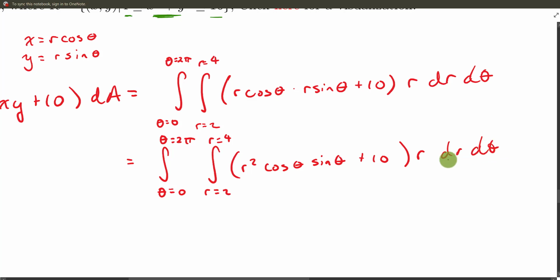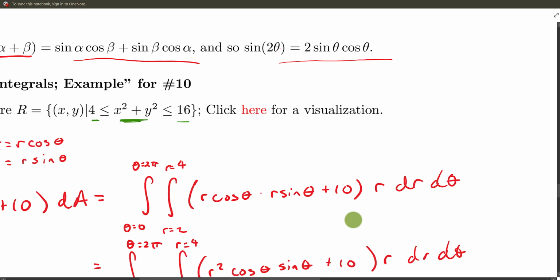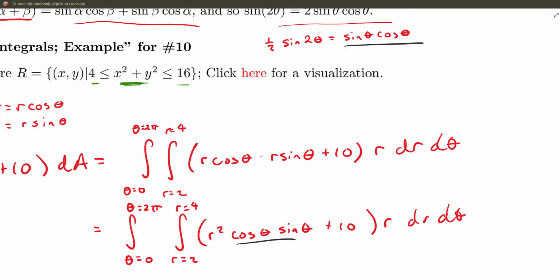What I'd like to do though is apply this identity that I mentioned before. Another version of this identity says, if I divide both sides by 2, I'd have 1/2 the sine of 2 theta is equal to the sine of theta cosine of theta. And so I'm going to replace my sine theta cosine theta right here with the 1/2 sine 2 theta.